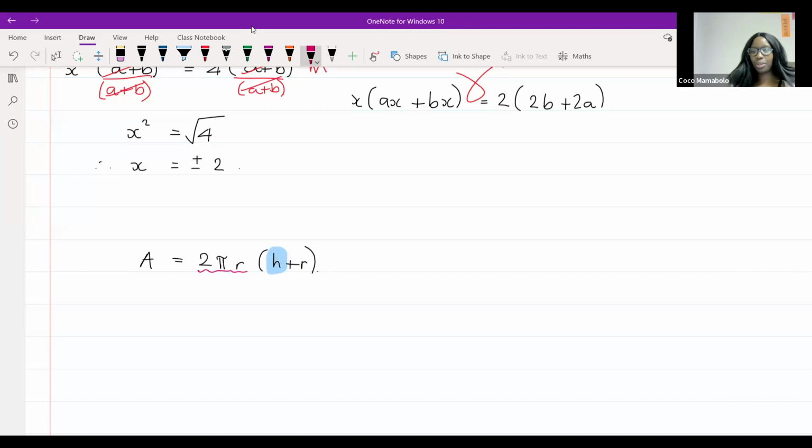I see Bucanyo's beep beep. I think Bucanyo got this one as well. Tandolwetu, we're trying to make H the subject of the formula. So you need to do some things for me, and then at the end, you should say, therefore, H is equal to something. That's what I want.